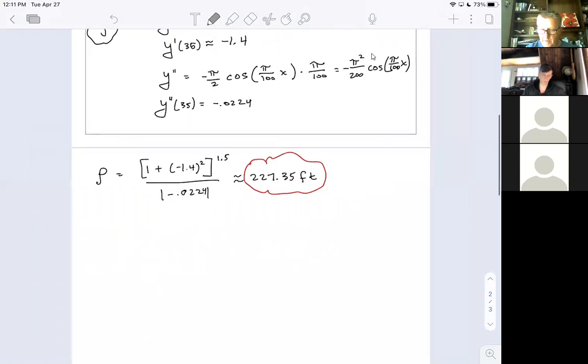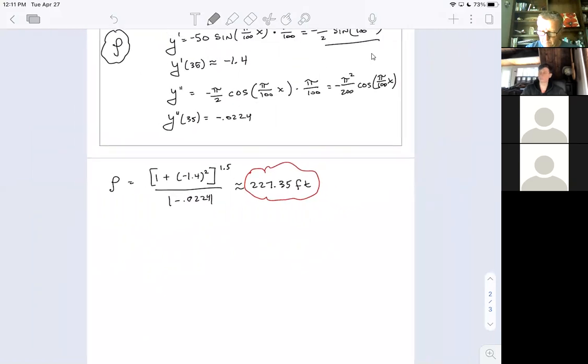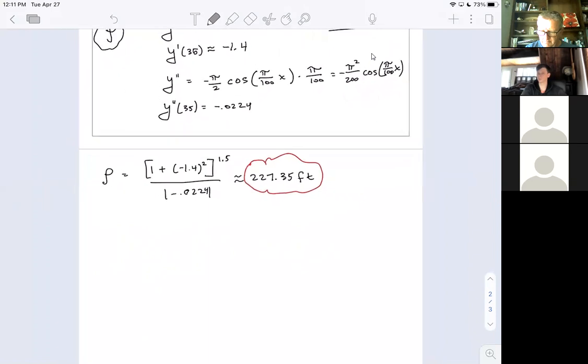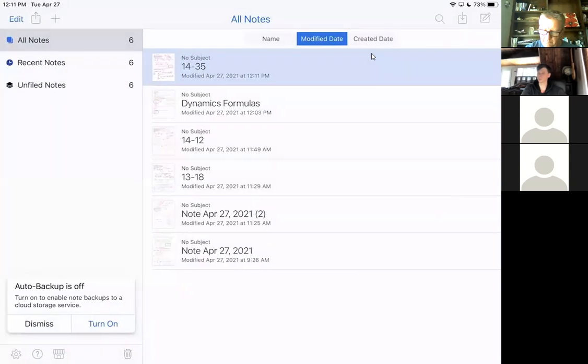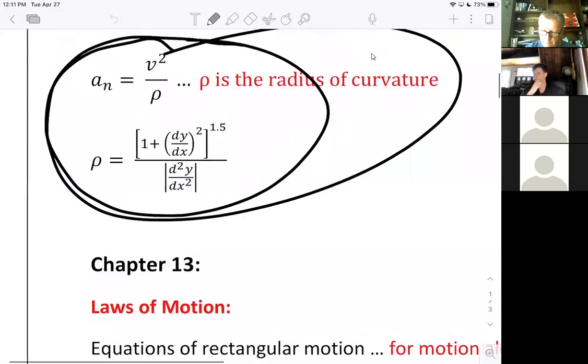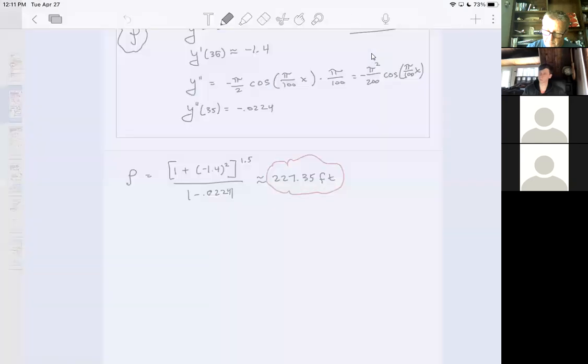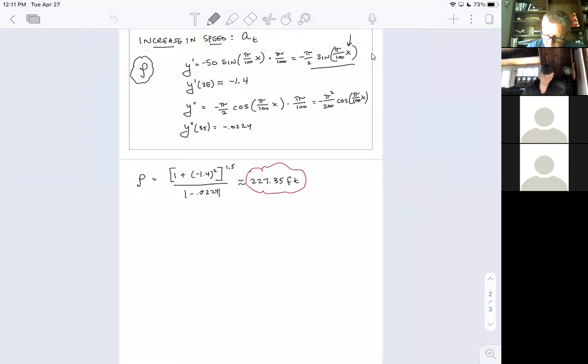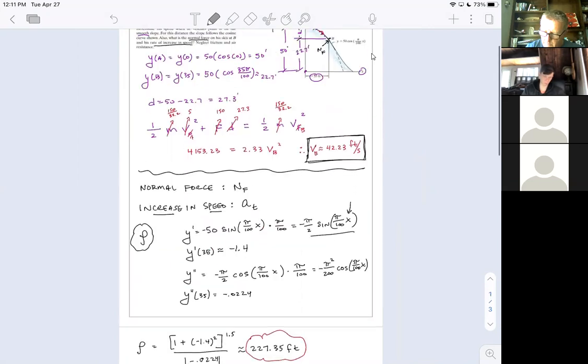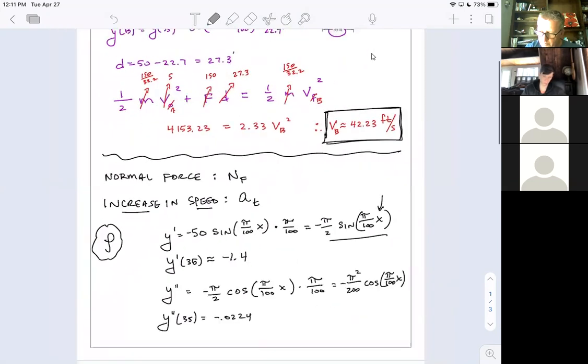What else can I figure out that I know? Normal acceleration now. Yeah, now that I know that radius and I know my velocity, which we figured out a minute ago, I could find normal acceleration. That's kind of cool. Again, I don't know if I need to know it. That would equal velocity squared over rho, which is, we said, 42.23.